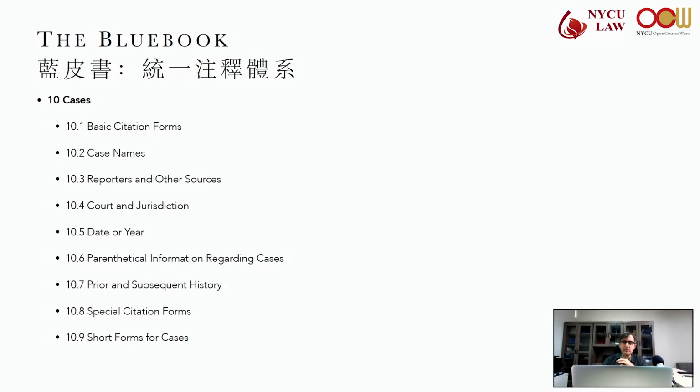So for example, if we are referring to a case in the text, it's in italics, and we'll cite it the same. That is with first party, second party, volume number, reporter abbreviation, the page where the case first appears, and then the year.